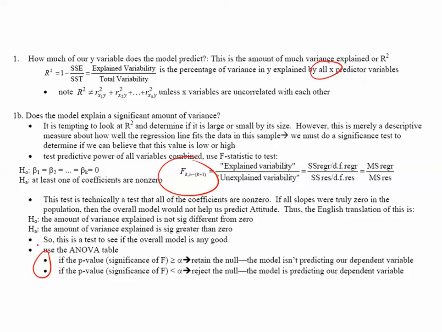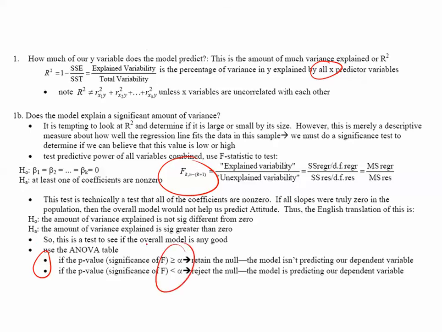The p-value says, what is the probability of getting this result if there truly was no relationship, or if this relationship was randomly selected? If the p-value, or the significance F, is less than our alpha, then we can say that this relationship is not from random or sample error, that there is a true correlation and there's this predictive relationship. So we use that kind of same rule.